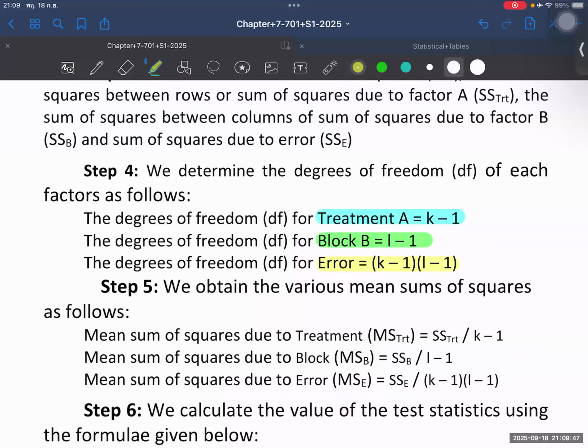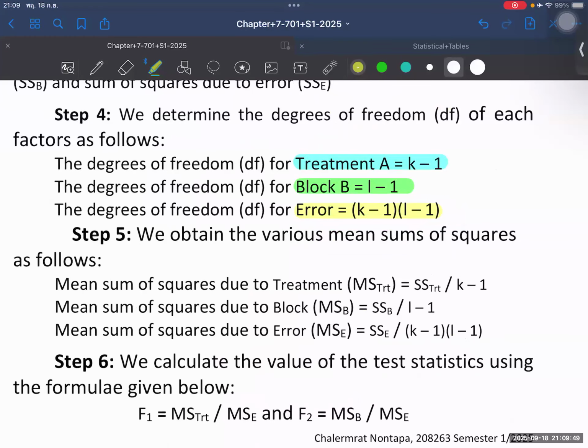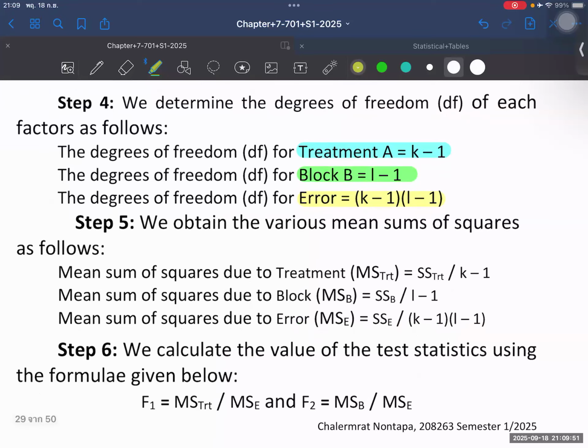And in the same way, for the mean square treatment you can use the sum of squares treatment divided by its degrees of freedom. At the same time, the mean square of the block is the sum of squares block divided by L minus 1. And the mean square error is the sum of squares error divided by k minus 1 multiplied by L minus 1.